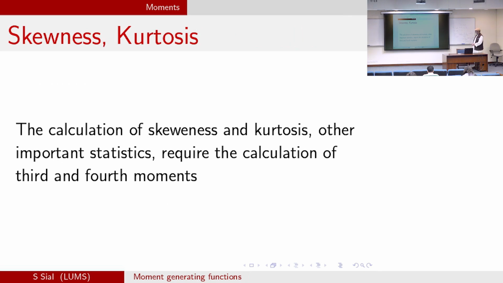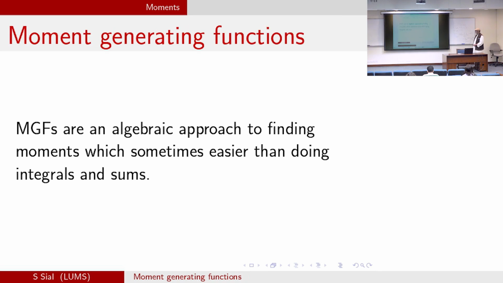Okay, but if you do further study of probability and statistics, then we also talk about skewness and kurtosis, and they would require the calculation of fourth moments, for example. So it turns out that moment generating functions can give us a way of extracting moments in an algebraic manner, which is sometimes easier than doing the direct integrals and sums.